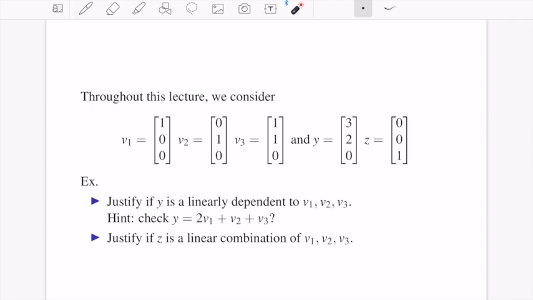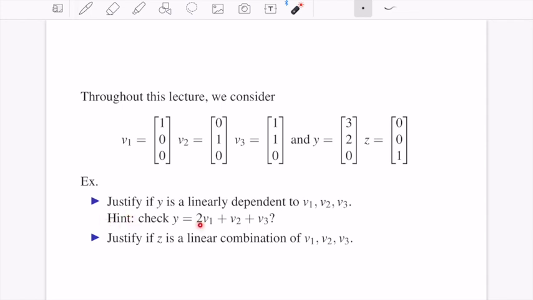Now, we're going to justify if y is linearly dependent on v1, v2, v3, which means: if you were taught the moving skills v1, v2, v3, can you combine these moving skills to catch this y?